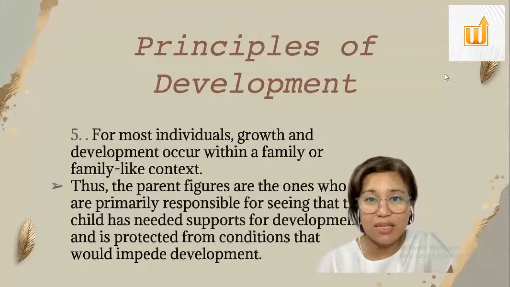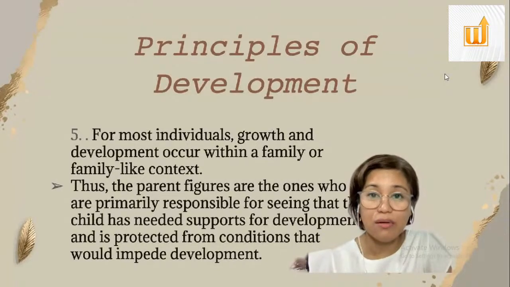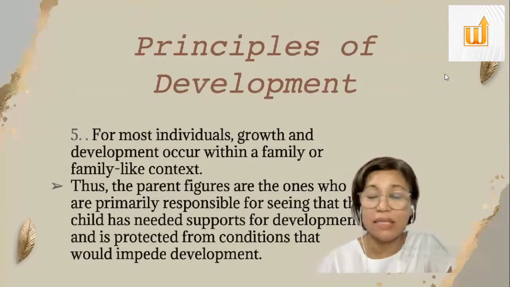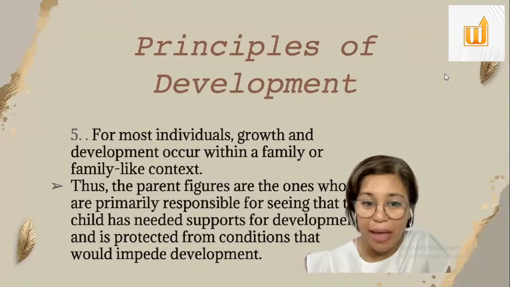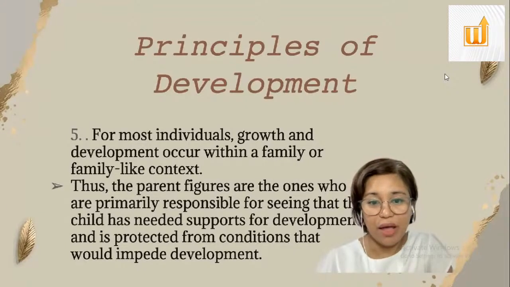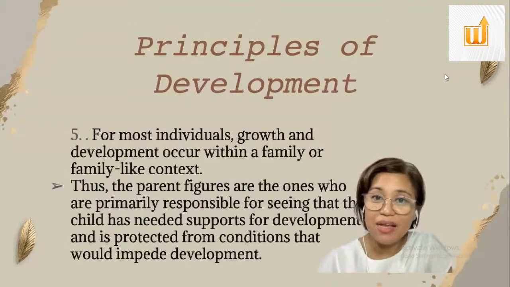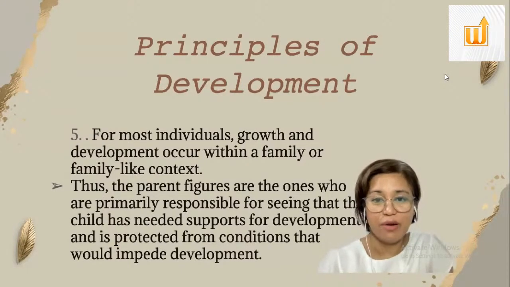The families of the children are the first thing that you will look upon when there are developmental delays. We need to ask the parents what is happening, what is the context of the family, so we can provide the necessary intervention so that the child will develop at almost the same rate as their classmates. And having caring parent figures, or having parent or adult care, is very important for the child's development.